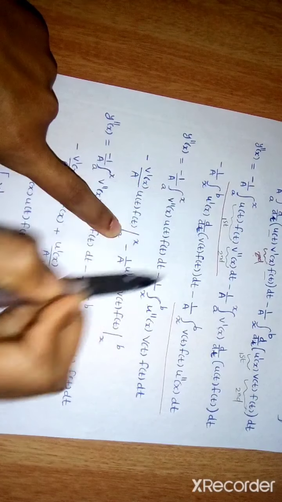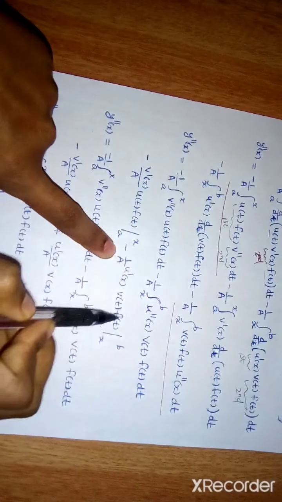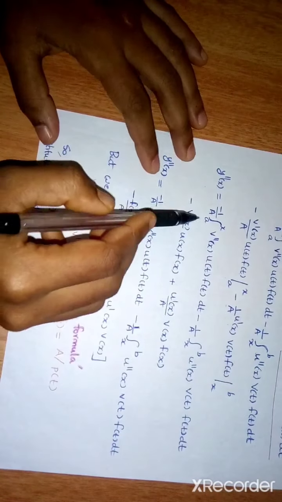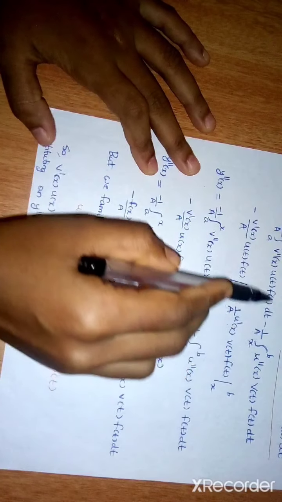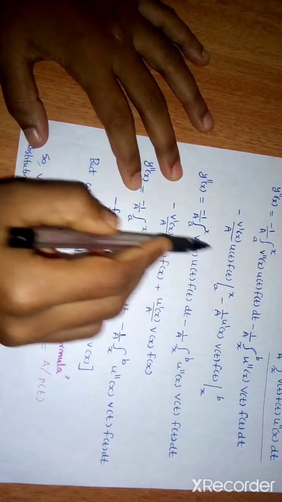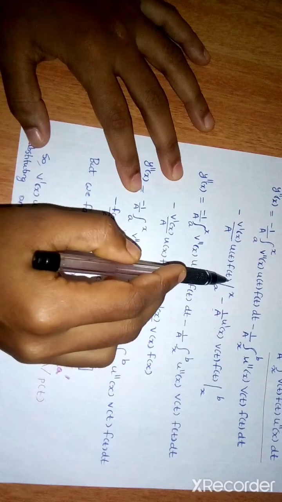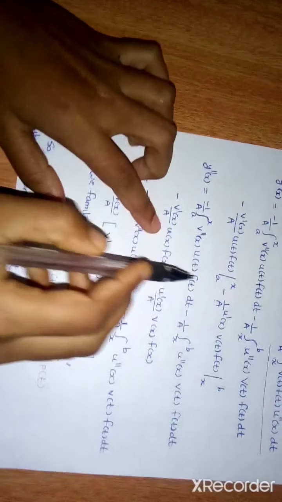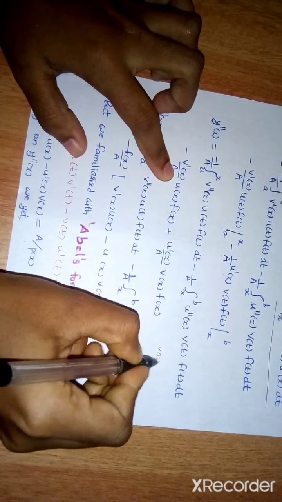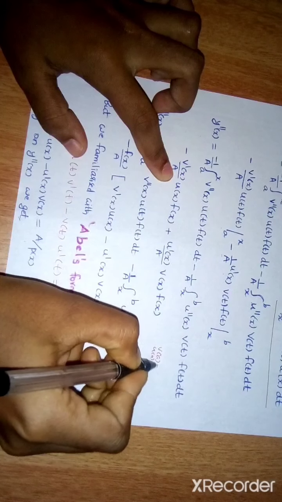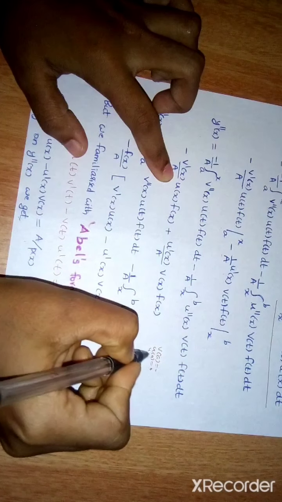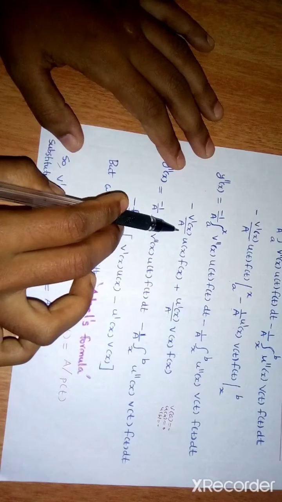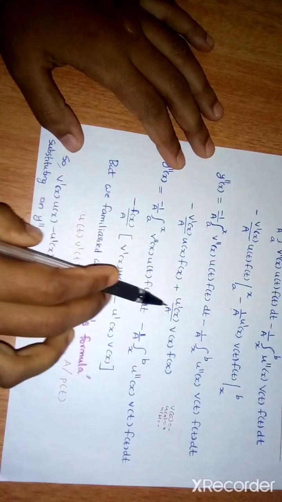Similarly from this term we get u dash of x by a v of t f of t integral x to b. Now the first two integrations are written the same, and we apply the upper limit and lower limit in both the last terms. We are already told v of a and u of a are equal to 0, and likewise v of b or u of b, so I neglect those terms, and we finally get this one.